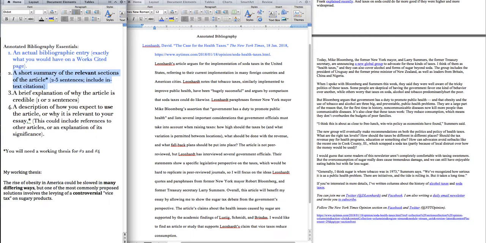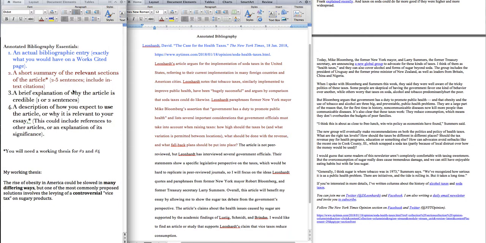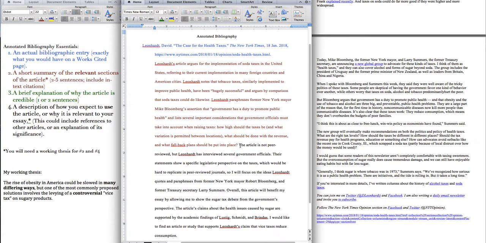Then I want a short summary. You do not have to color code these. I'm just doing this so you can see this better, since I can't point them out to you quite as easily as I normally would. I want a brief explanation of credibility. So this is why I've said it's not peer-reviewed, but these are things that I can do that will make it seem more credible.